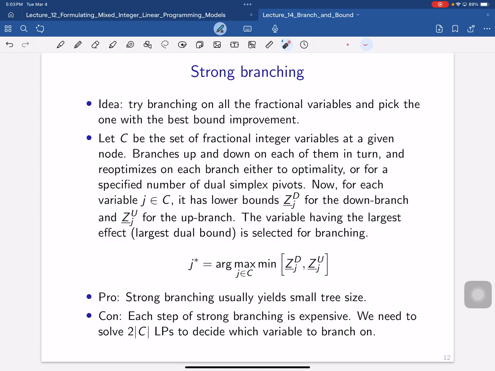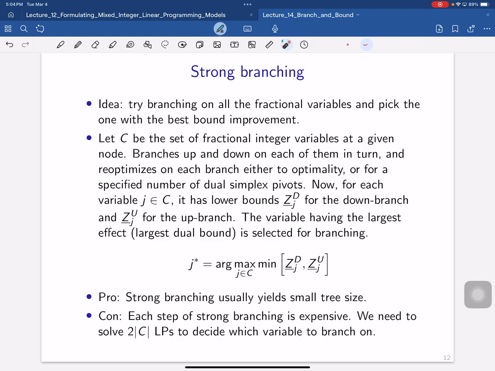The other, I wouldn't say commonly used, but sort of a golden standard in branch and bound is so-called strong branching. Let's just talk about the conceptual idea. Strong branching means at a given node, let's assume I still have, let's say, m fractional variables.